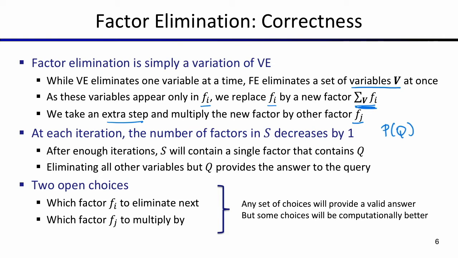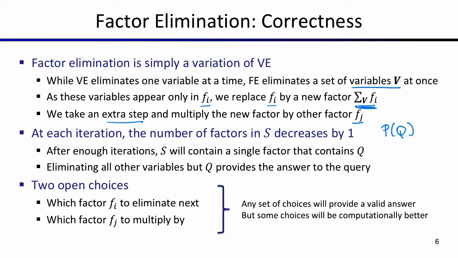So we can see that we have two open choices here. One is which factor we're going to select from S to be the next one to be eliminated. And we also have to choose which factor we're going to multiply by, and that's going to be the factor Fj. We're going to see that these two choices do not impact the correctness of the algorithm.